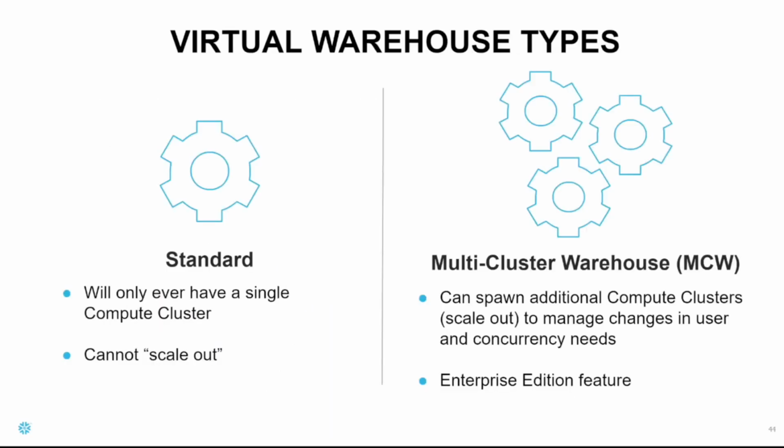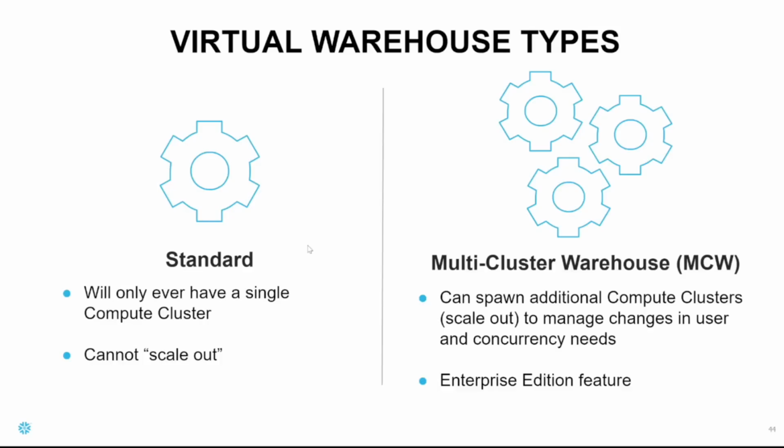Now, there are two types of warehouses currently in Snowflake. One is the standard warehouse and the other is the multi-cluster warehouse. In the standard warehouse, you have a simple single compute cluster. You cannot scale out, so if your queries increase in future, it cannot scale out automatically.